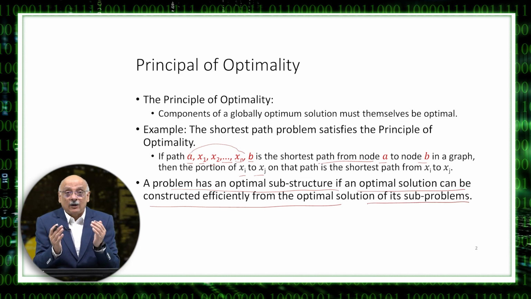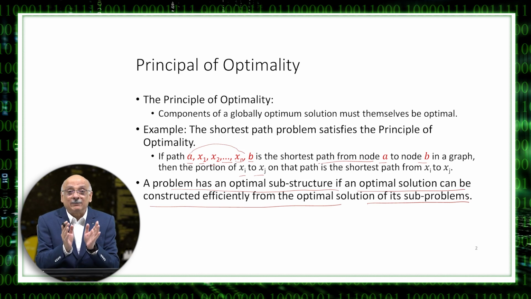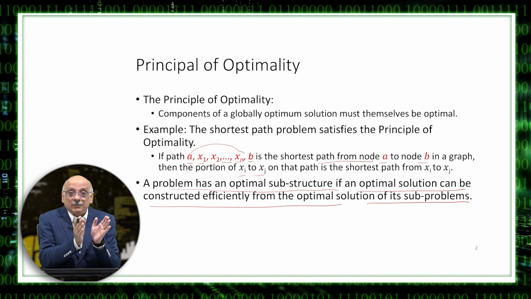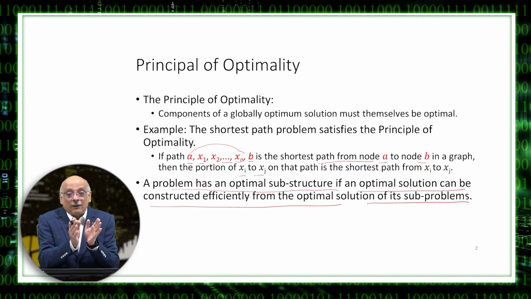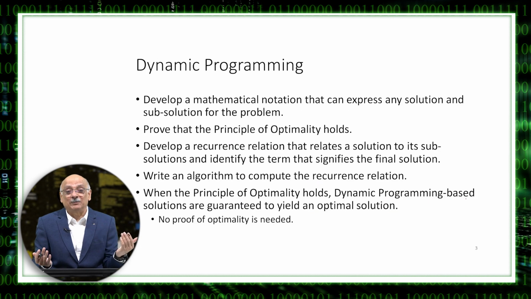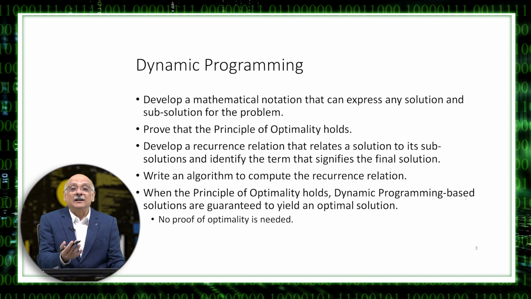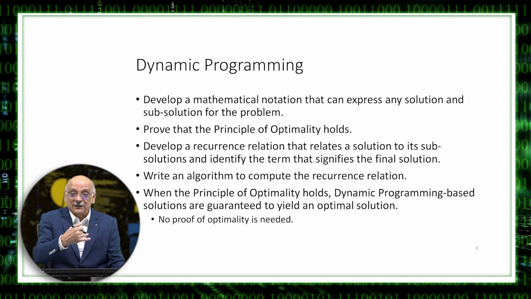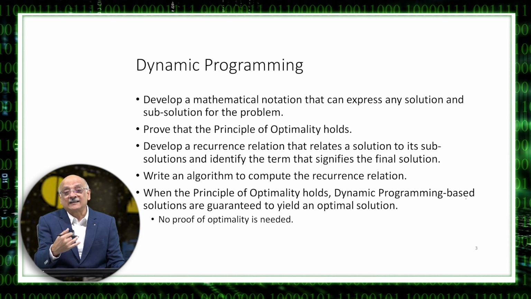If a particular problem follows the principle of optimality, then you can find the optimal solutions to the subproblems and find the solution to the big problem from them. If a problem satisfies this property, then we can use dynamic programming for such a situation.